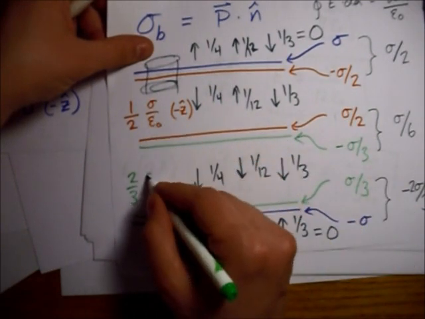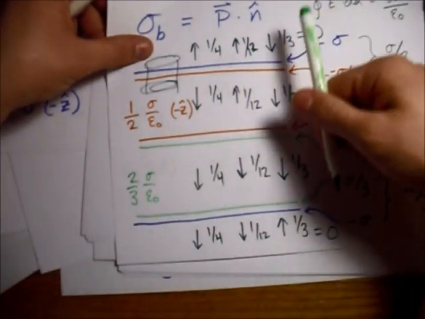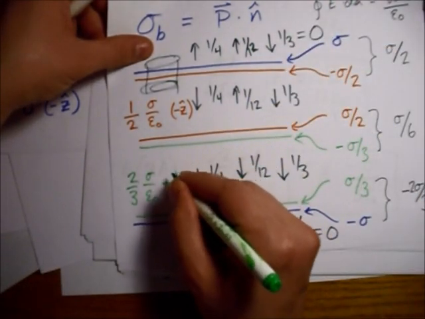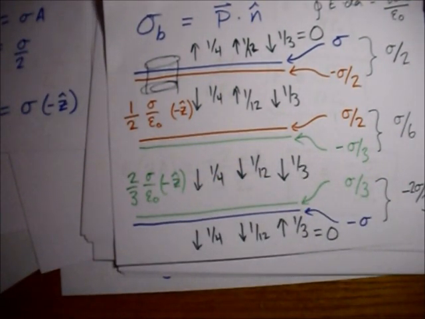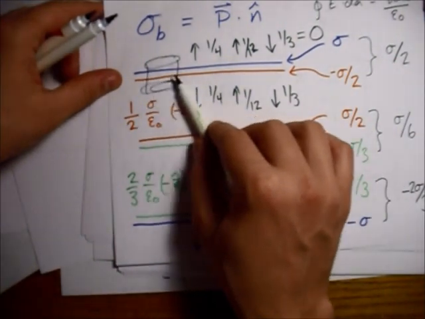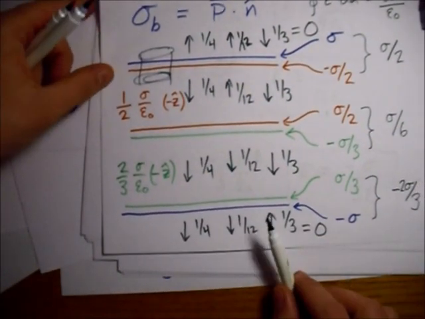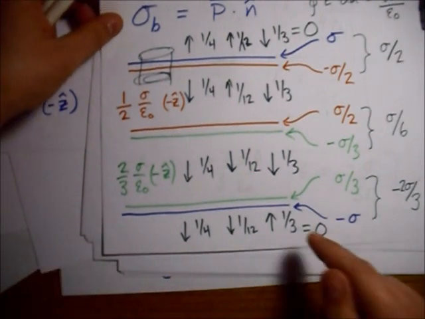We'll have our sigma over epsilon naught, and they're all going down. Our electric field is pointing downward, so minus z hat direction. So now we found our electric field from the total charge, bound and free. The amount and the location, all that stuff. We found our electric field.